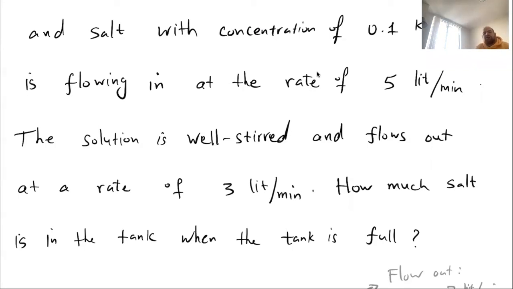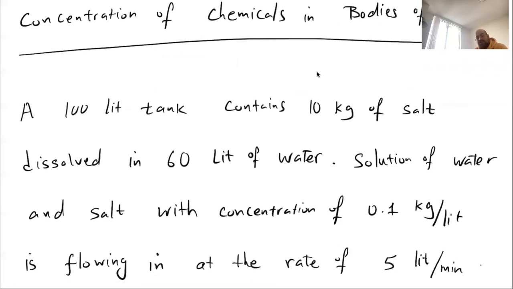But we are talking about time t, right? At time t, how many kilograms of salt do we have in the tank? Well, at the beginning, we know it's 60 kilograms. That's at time t equals 0. But what about at time t? How many kilograms do we have at time t?